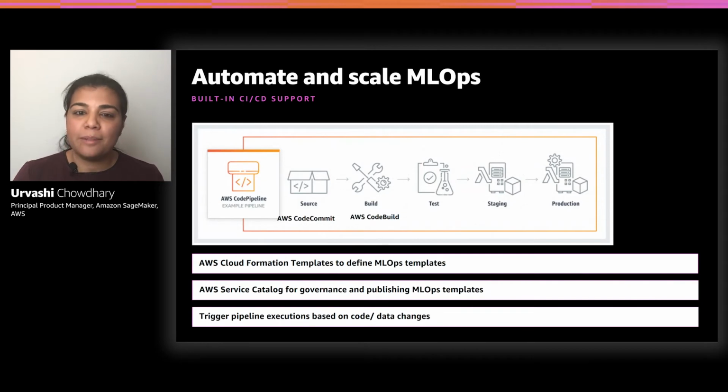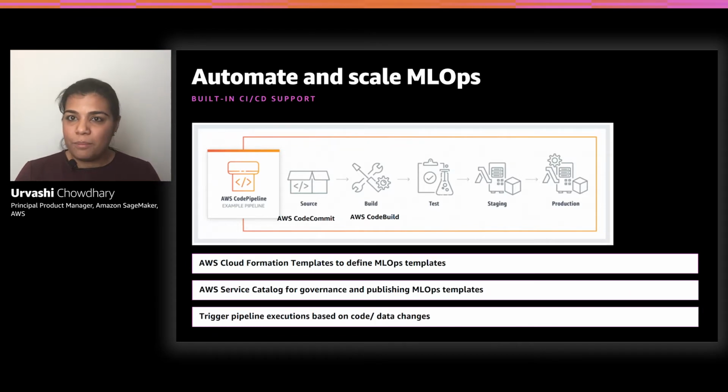In order to scale machine learning ops, the built-in CI/CD capabilities for Amazon SageMaker Pipelines can be used to get started quickly. But if you want to customize the CI/CD steps or the different accounts that the models are deployed in, or if you need to customize the different testing stages or the specific stages that your models need to be running through, you can build your own custom templates and publish them in AWS Service Catalog.